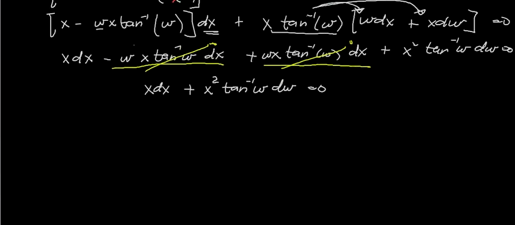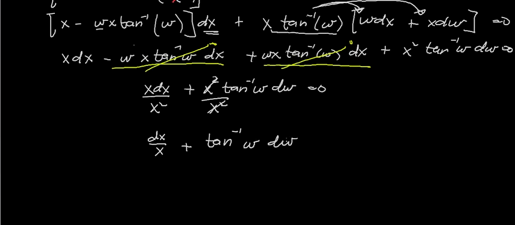Okay, and then let's separate the variable x from variable w. So we need to divide both sides by x squared. So we have dx over x plus arctangent of w dw is equal to 0.